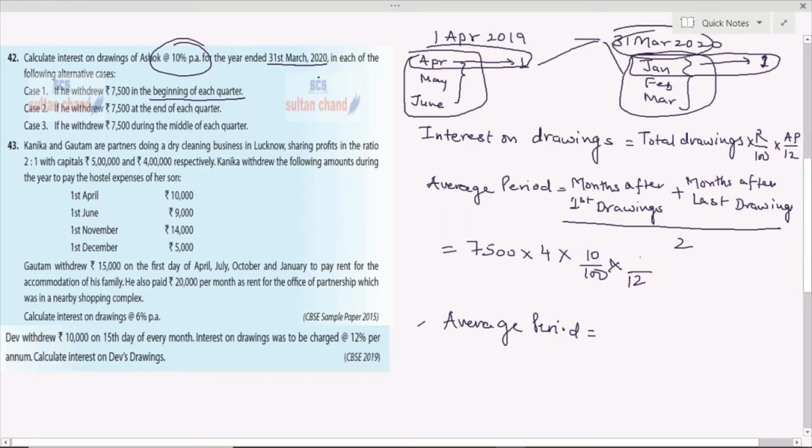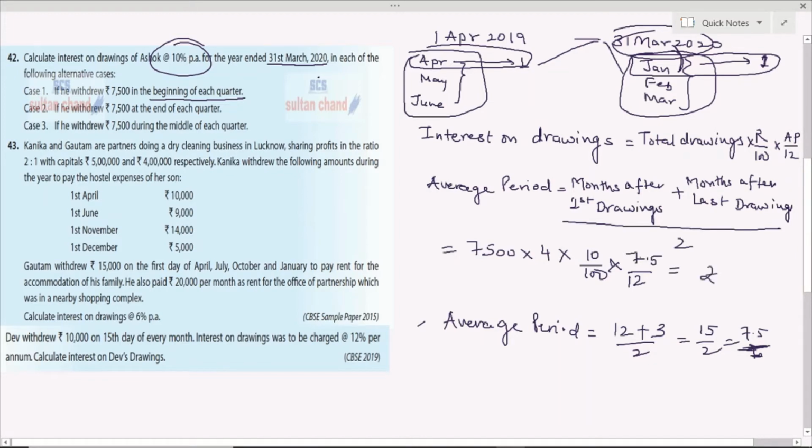So 1st April to 31st of March is 12 months, plus Jan to March, which is 3 months, divided by 2, which comes to 15 by 2, or 7.5. So here I'm going to take the average as 7.5.